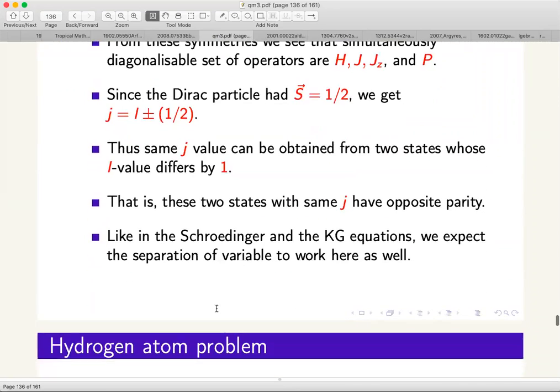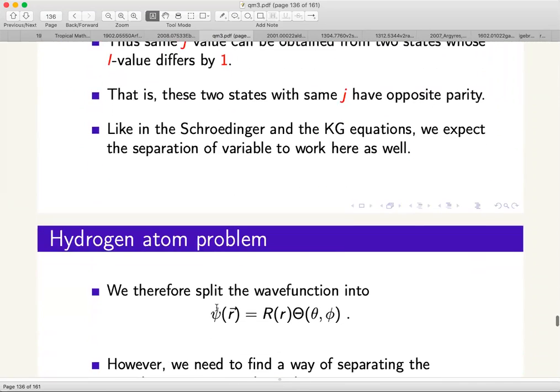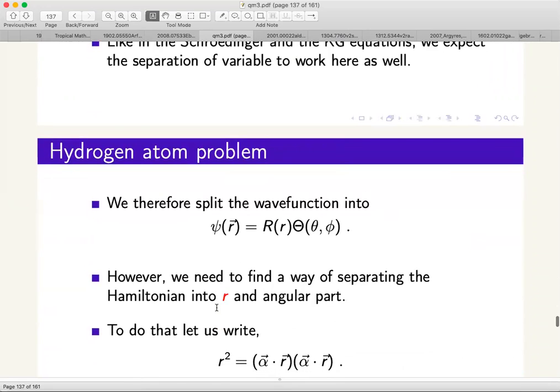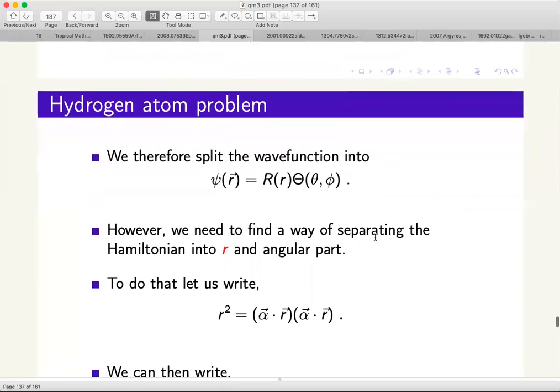Then we said that we will employ the separation of variables technique even for the Dirac equation, and we wrote the wave function as a product of the radial part of the wave function times the angular part. We decided to concentrate on the radial part, because the angular part is going to be some kind of Y_LM of theta, phi.